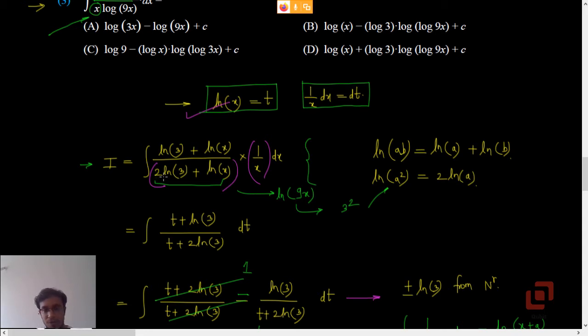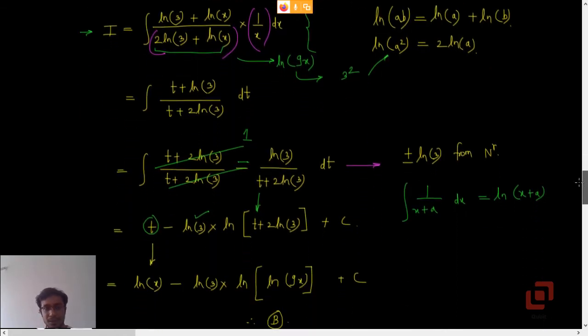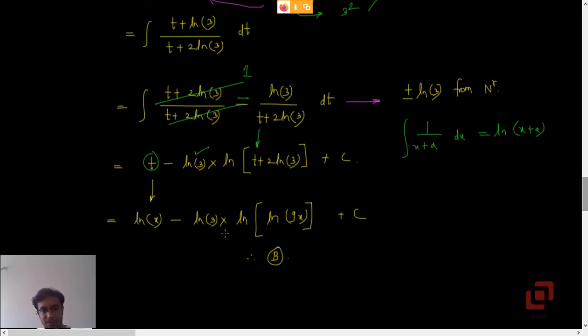Log of x plus 2 log of 3 was the simplified version of log of 9x. So now we are using it in the other way. So log of 9x can be written as 2 log of 3 plus log of x. Okay, so this is our final answer.